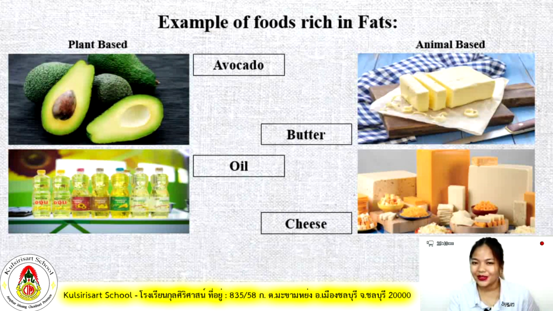As we all know, cheeses are made out of milk, and milk is from a cow, and a cow is an animal. That's why cheeses are also examples of animal-based fats. So that is fats right there.